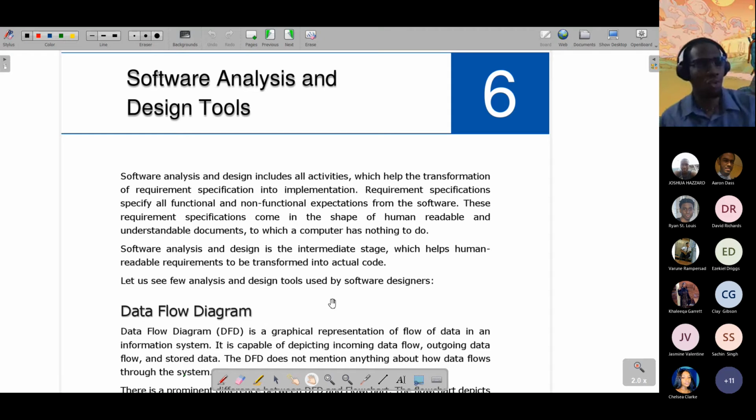As an analysis tool, a data flow diagram, which is a diagram that represents the whole system graphically, could help you understand how the current system works. And then as a design tool, the data flow diagram also helps you to model how the improved system should work.